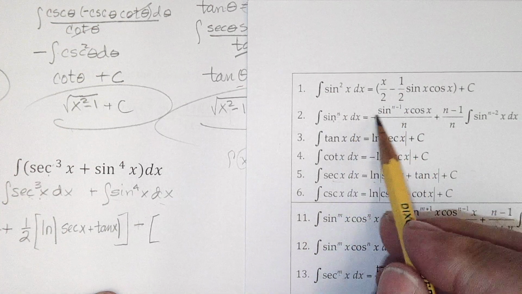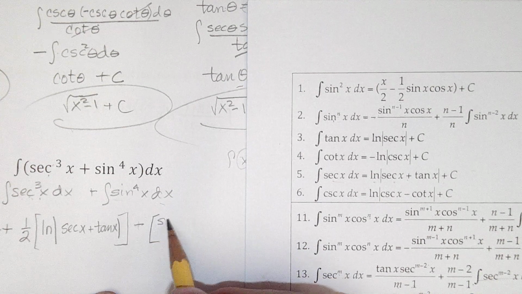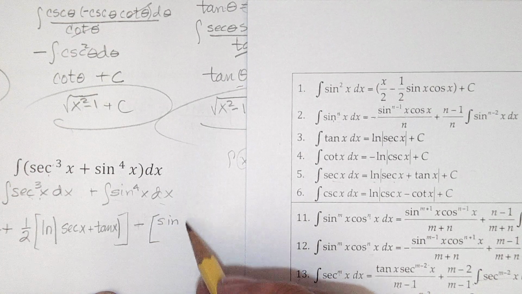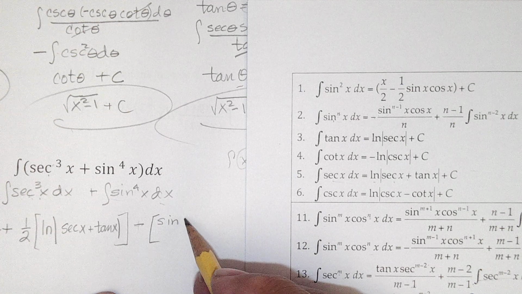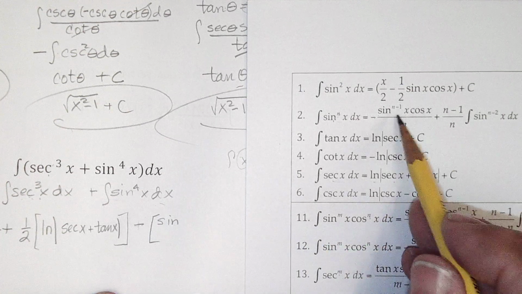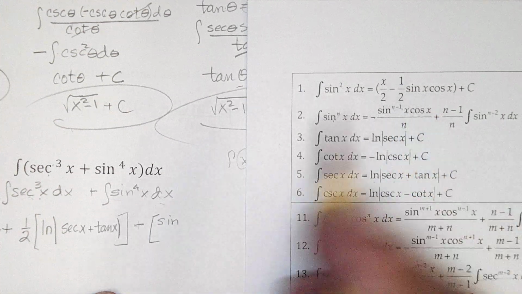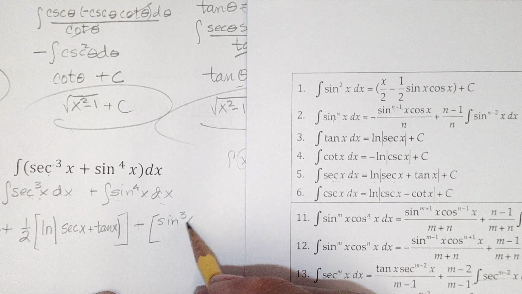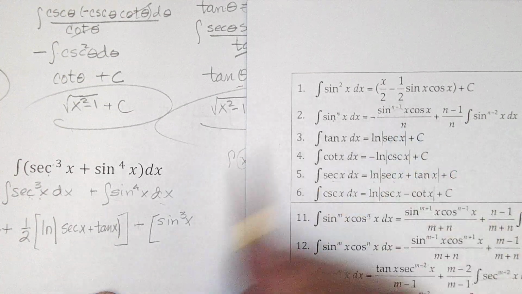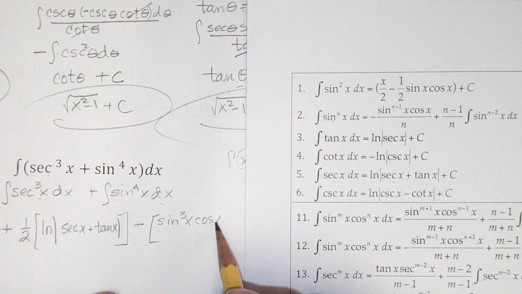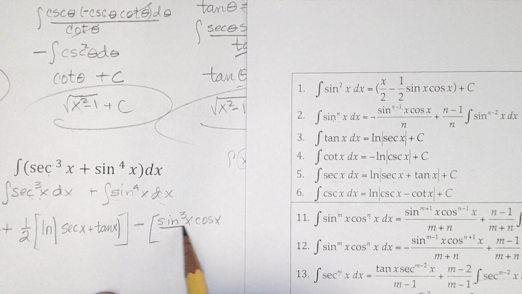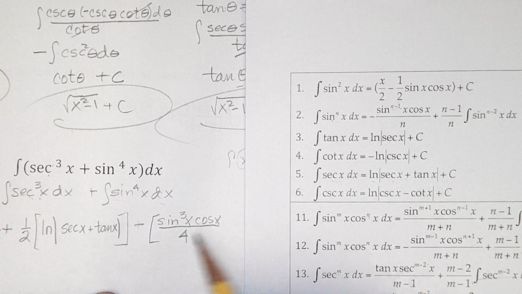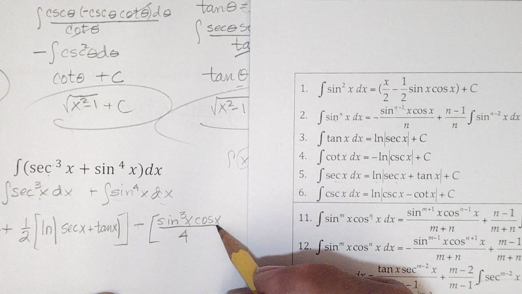And sine to the fourth is sine of 1 less than 4, so sine to the third x cosine x over n, which was 4. That's the part that's minus.